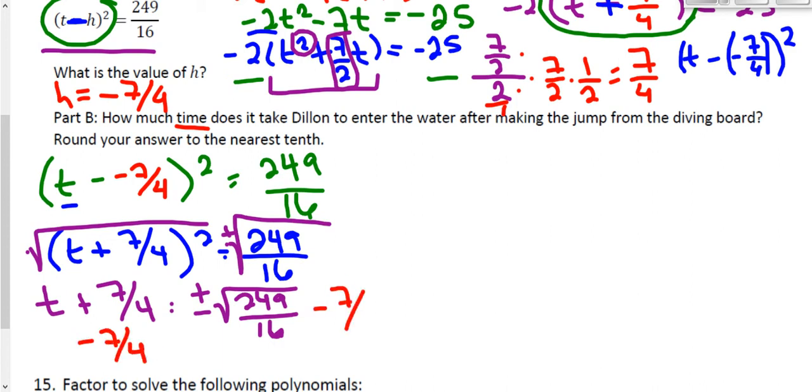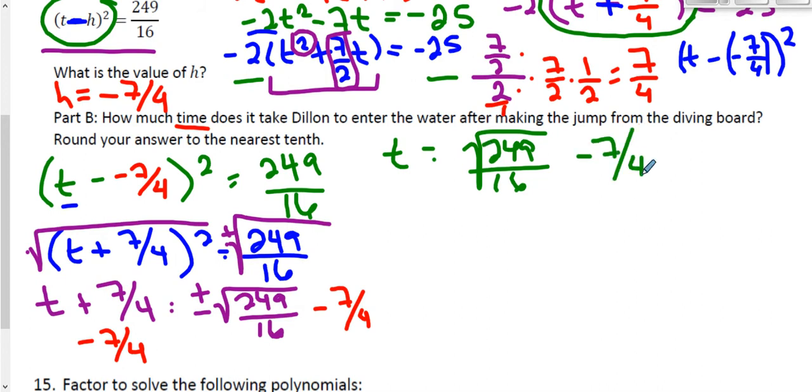Minus 7/4. Here we go. So let's see. So we end up with t, which is going to be equal to either positive square root of 249/16 minus 7/4, or it could be equal to negative square root of 249/16 minus 7/4.